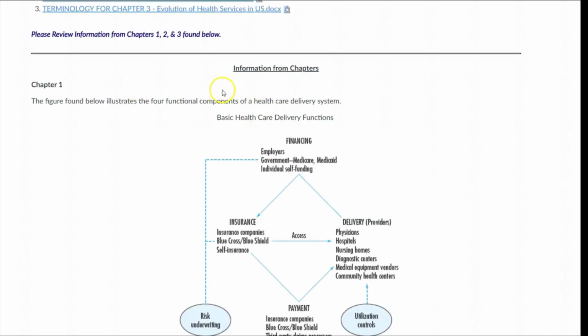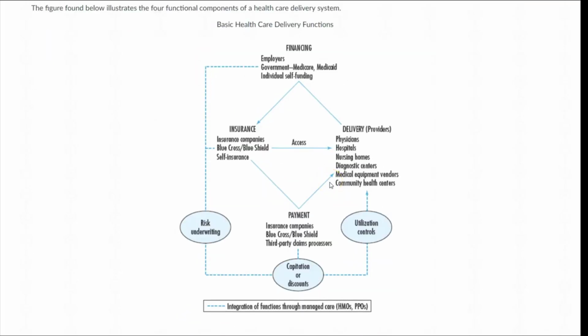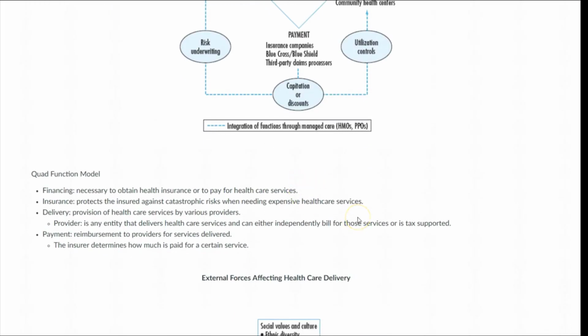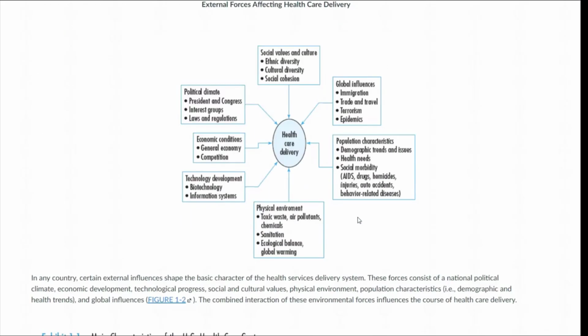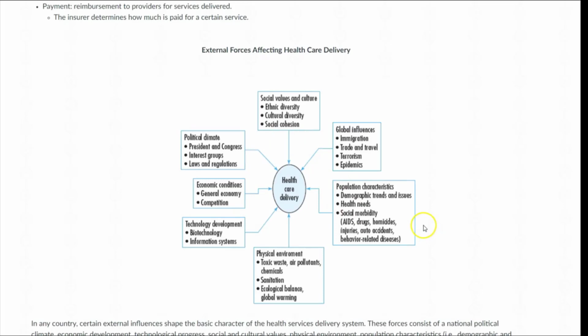So first, for chapter 1, here is the basic healthcare delivery functions. It's a diagram and then some information on the 4 main components of the diagram. Below that is a diagram that just covers the external forces that affect healthcare delivery.